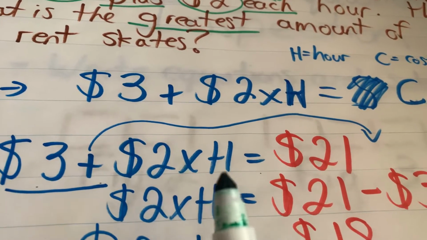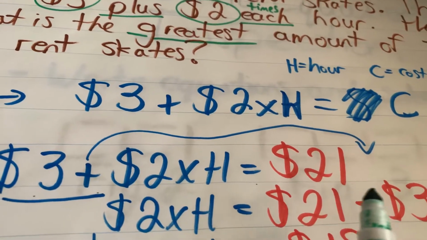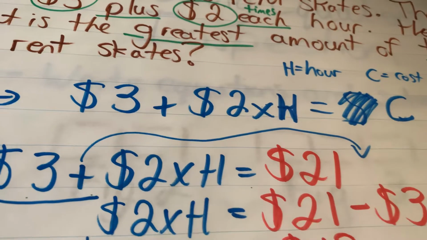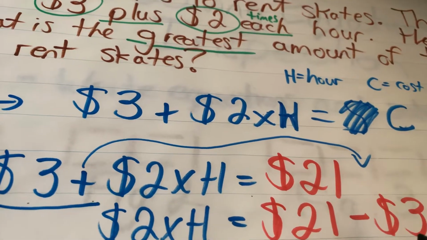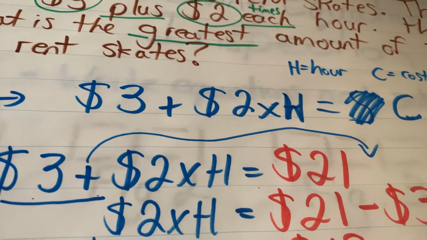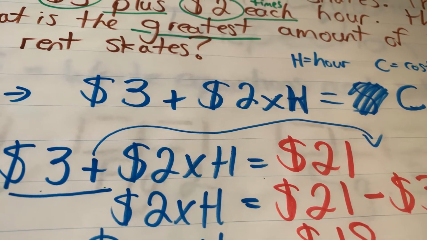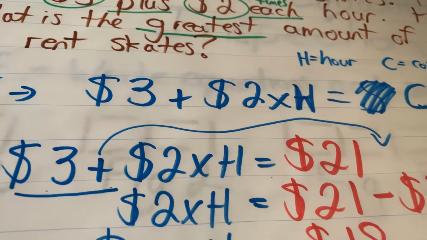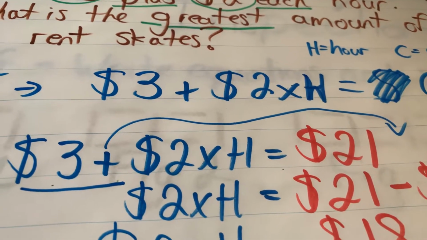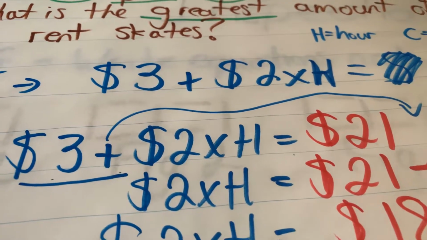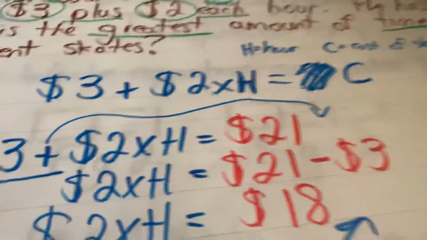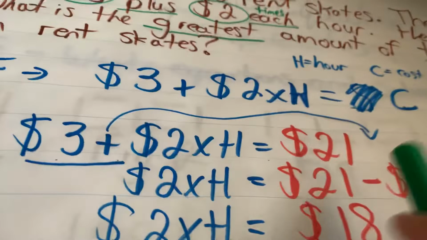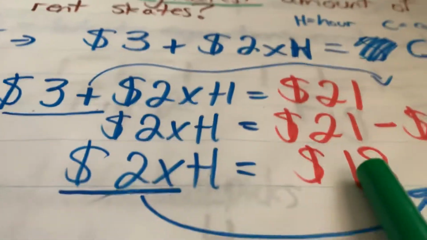So 2 times H equals 21, take away 3, because it was plus 3 on this side. So now it's minus 3 on this side. Okay? And notice my 2H, I didn't change anything about how I wrote 2H because I didn't do anything to it. I didn't use the 2 and I didn't use the H. Well, now I can do 21, take away 3, which gives me 18.